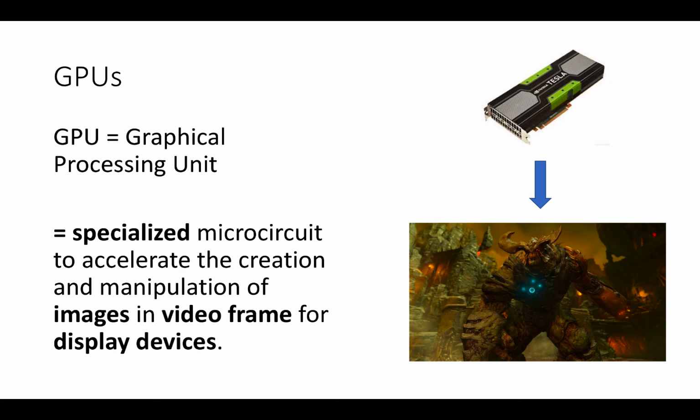What are GPUs? GPU stands for Graphical Processing Unit. A GPU is a specialized microcircuit to accelerate the creation and manipulation of images in video frames for display devices. A specialized microcircuit is special hardware specifically designed for solving certain kinds of tasks and problems at maximum speed.